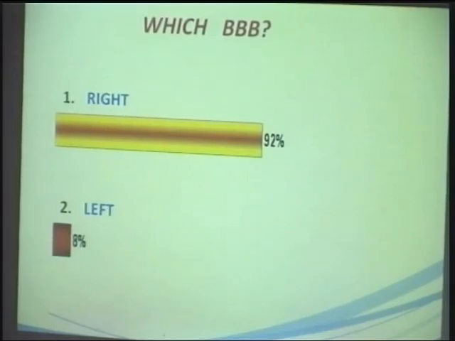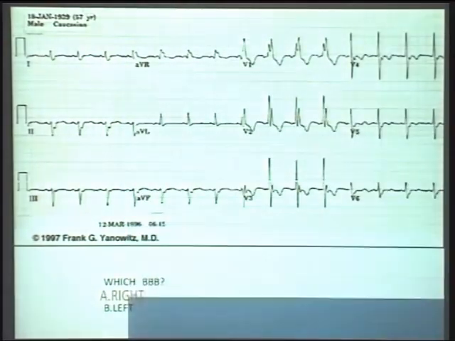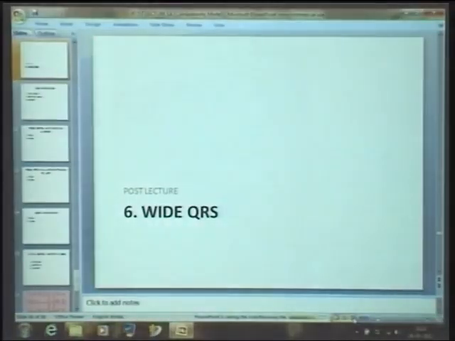Yes, good. See that in L1, the initial portion is normal. There is a terminal slurred negativity, a terminal S, in L1. So it is the right bundle branch block. So it is a classical right bundle branch block.